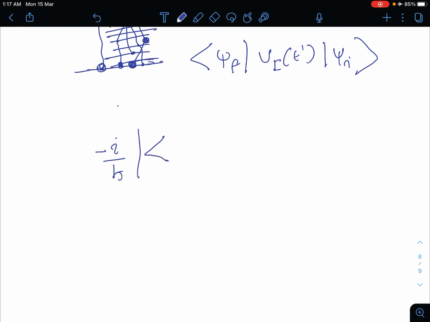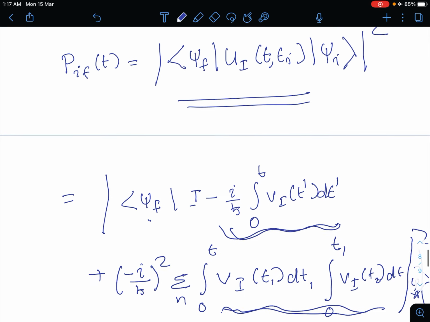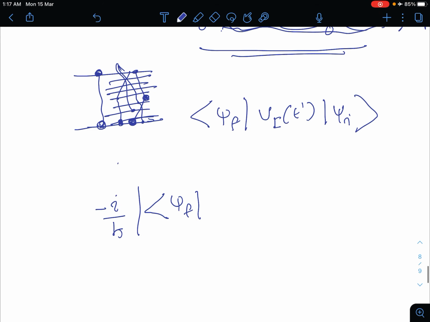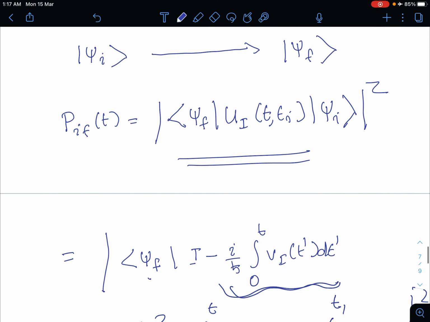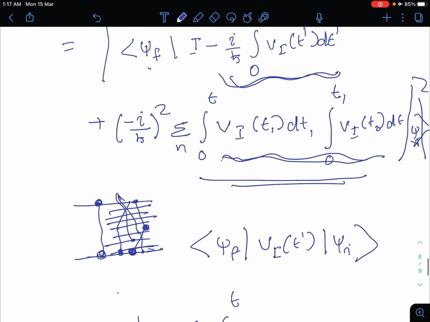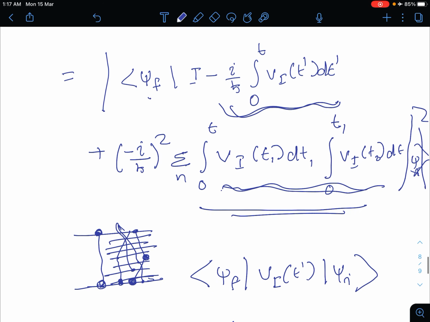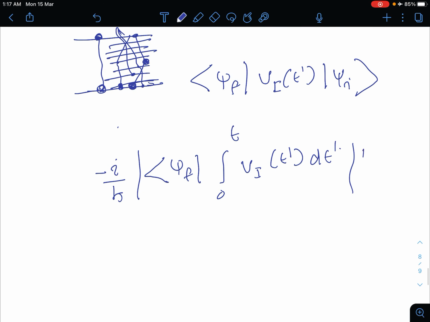Psi f, integral 0 to t, V_i of t dash dt dash, psi I. Okay, don't worry about this.